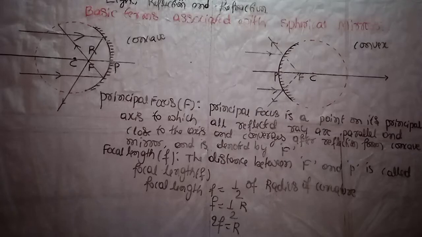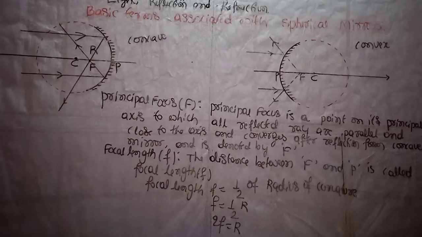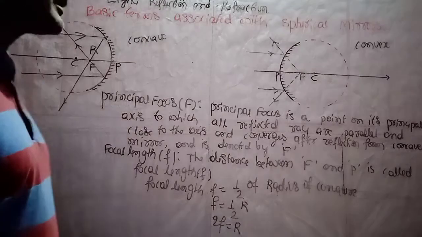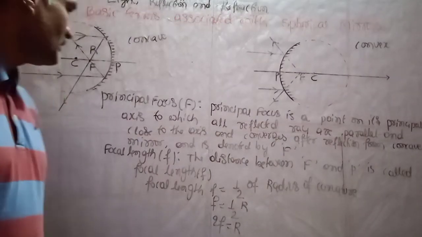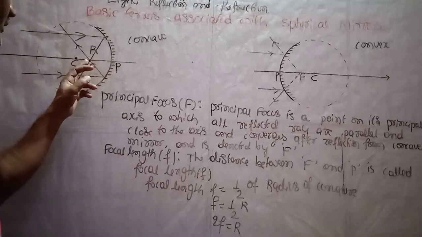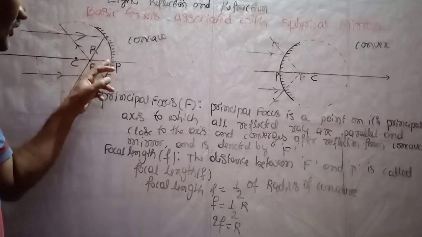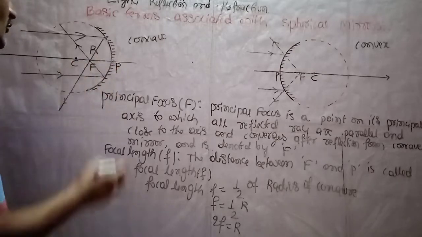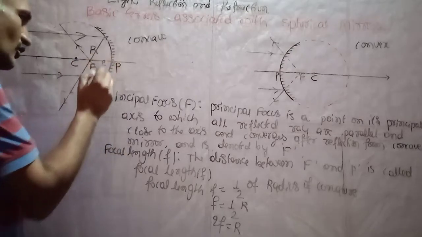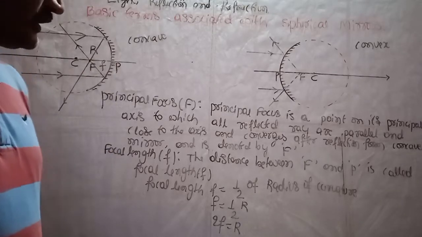Okay, next, dear student, is focal length. What does focal length mean? The distance between the principal focus and the pole of the mirror is called the focal length, and it is denoted by the small letter f.